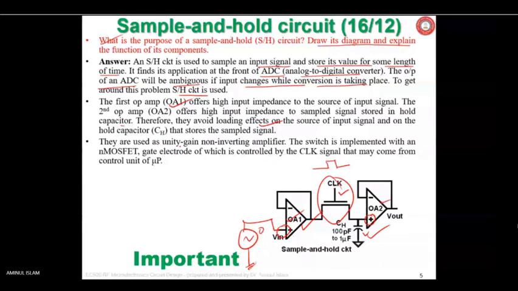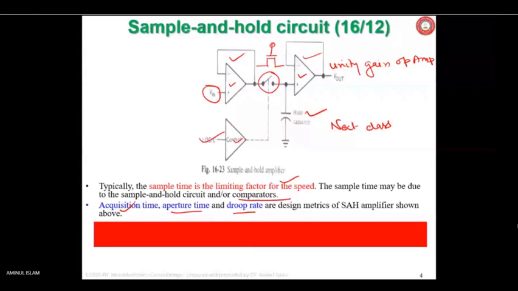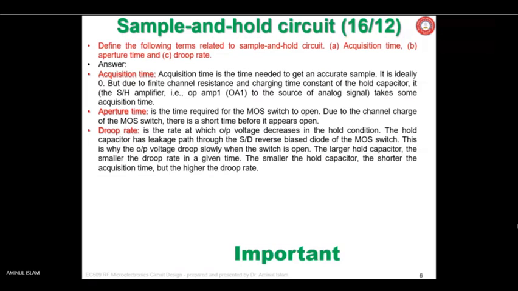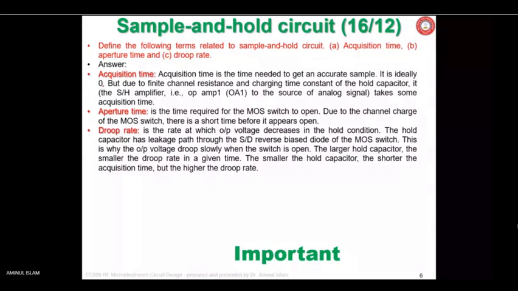They are used as unity gain non-inverting amplifiers. The configuration itself is saying that the switch is implemented with a MOSFET, the gate electrode of which is controlled by a clock. As you have seen, some logic circuit is going to supply that clock-like input to this gate. Okay. Now the definitions of acquisition time, aperture time, and droop rate.